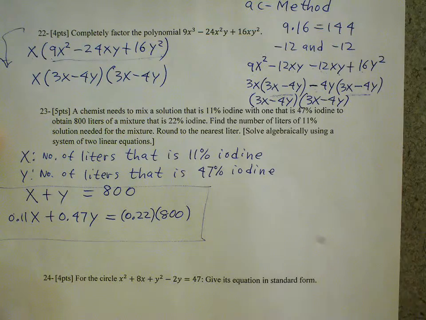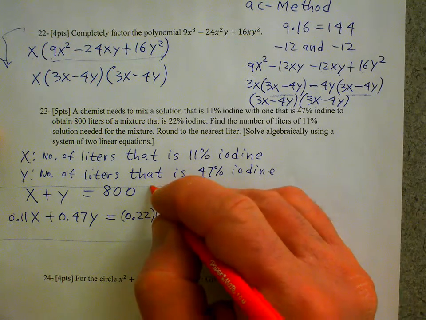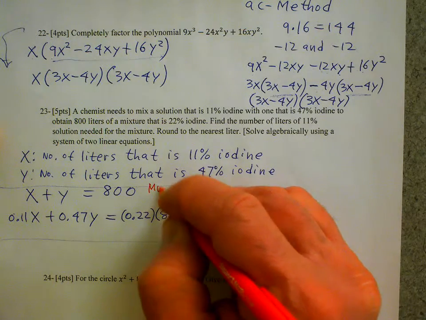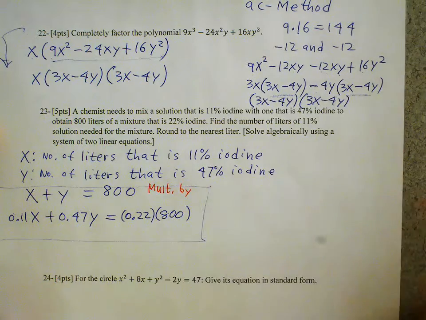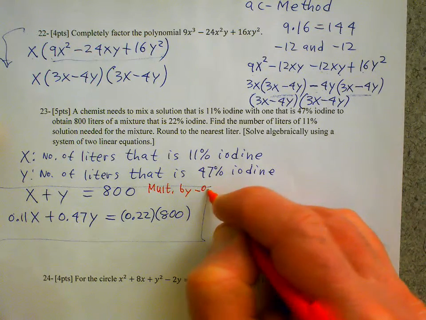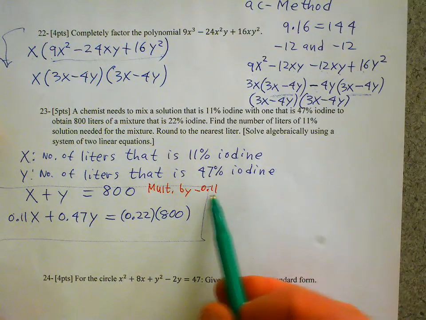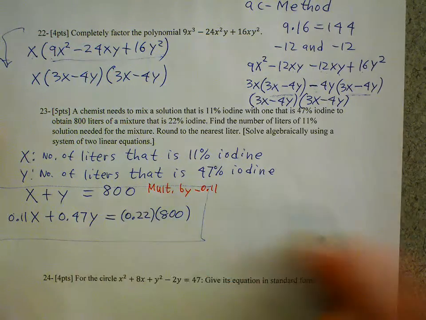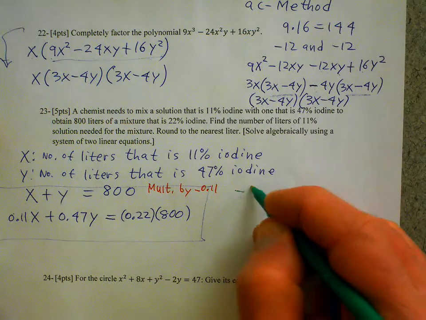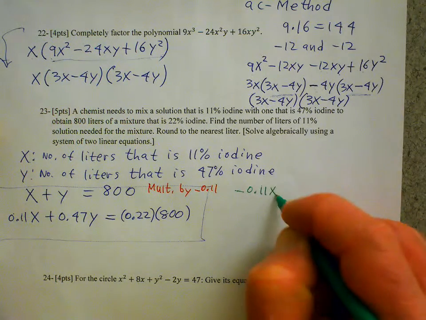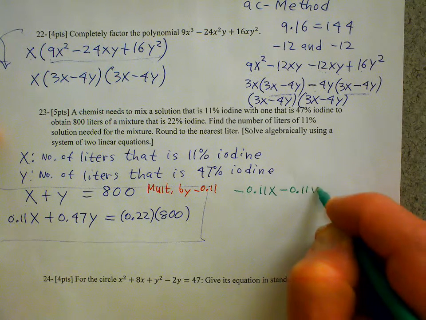So I think what I'll do is use the elimination method, and I'm going to multiply both sides of the top equation by negative 0.11. When I multiply every term on both sides of the top equation by negative 0.11, I'll get negative 0.11x minus 0.11y.